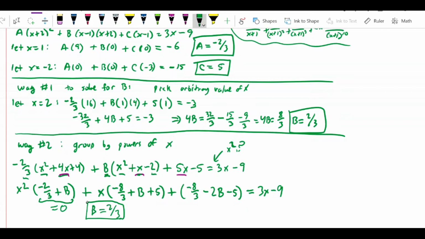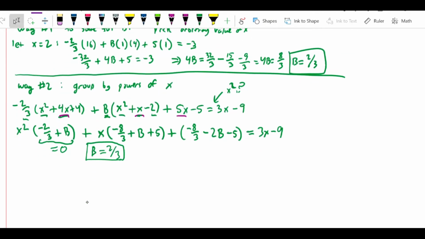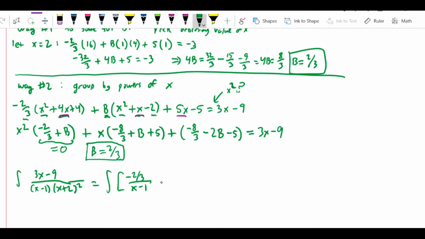So we now have the three coefficients that we need. What we can say is that the integral of 3x minus 9 over x minus 1 times x plus 2 squared is equal to the integral of negative 2/3 over x minus 1 plus 2/3 over x plus 2, and then plus 5 over x plus 2 squared dx.